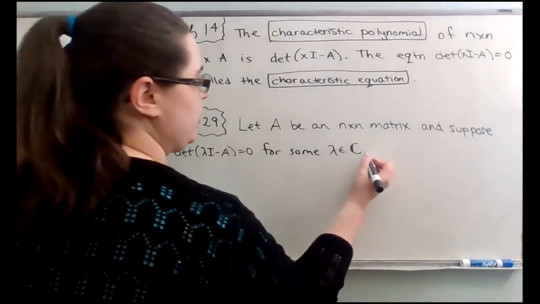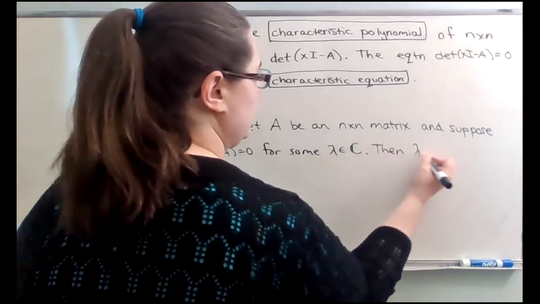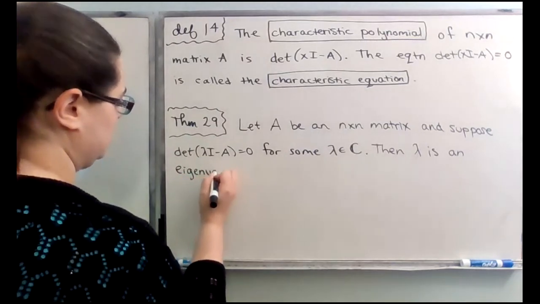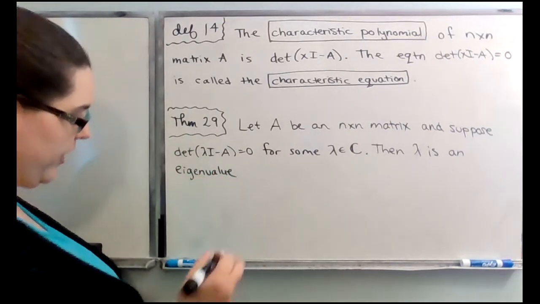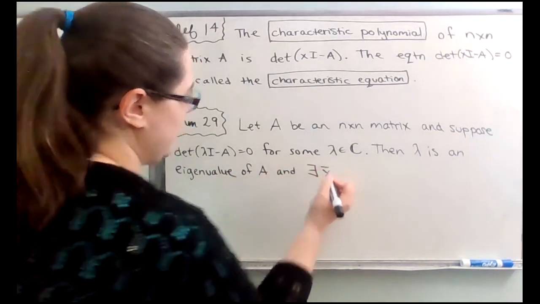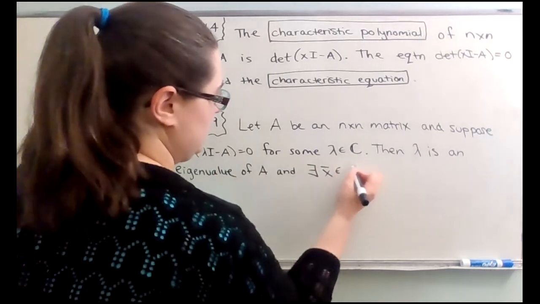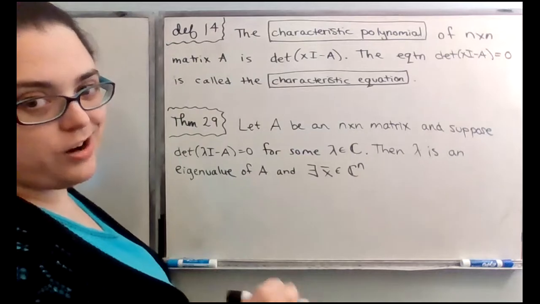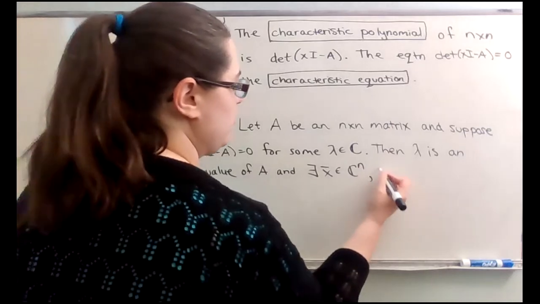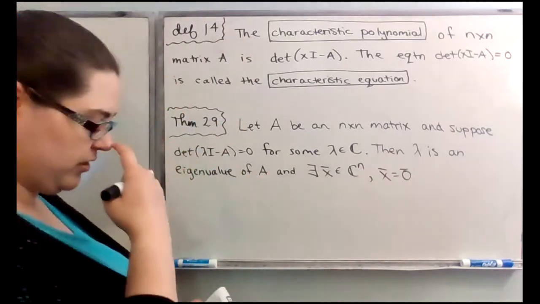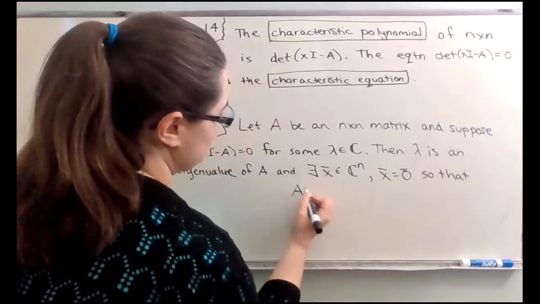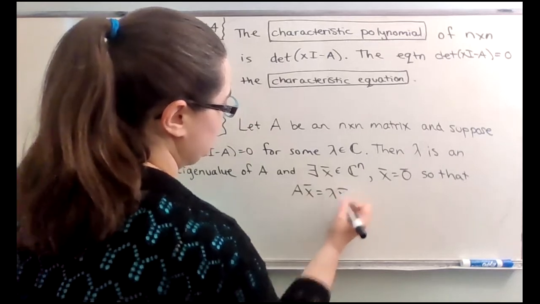Then lambda is an eigenvalue of A, and there exists an x in C^n, so not just R^n, so we're allowing complex entries here, which is non-zero, not the zero vector, so that Ax is lambda x.